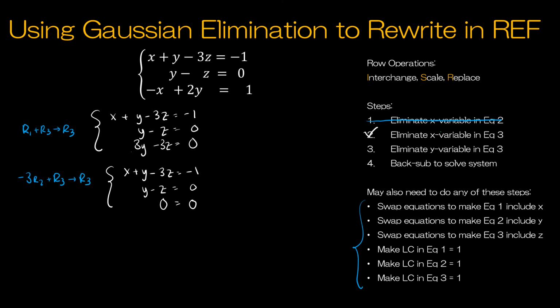So this is the first time we've had this, all of the 0 rows are at the end. So this is in row echelon form. If they said rewrite in row echelon form and don't solve, I'm done, just like that. But let's go ahead and solve it just for good practice.